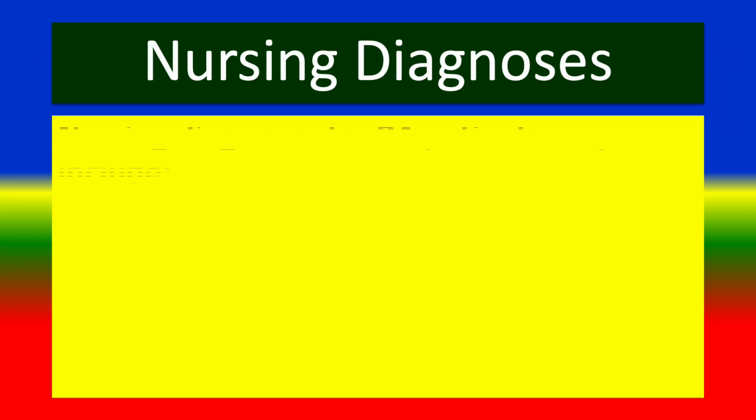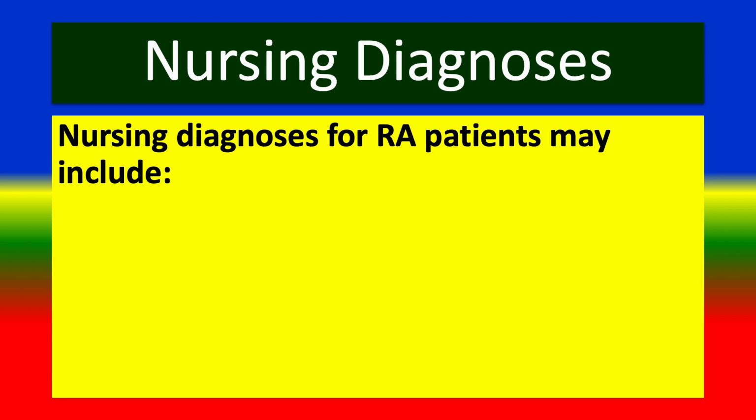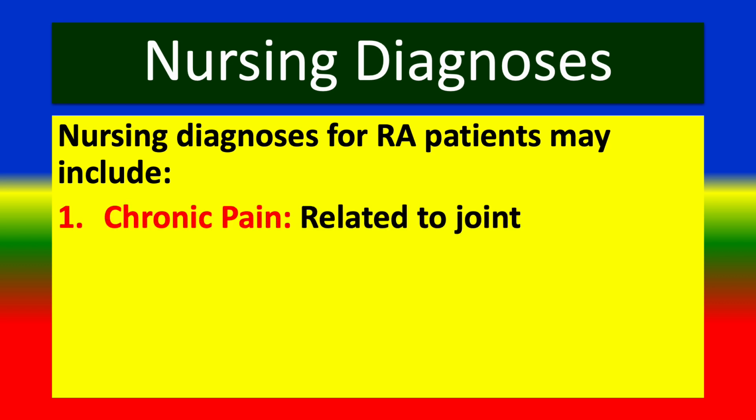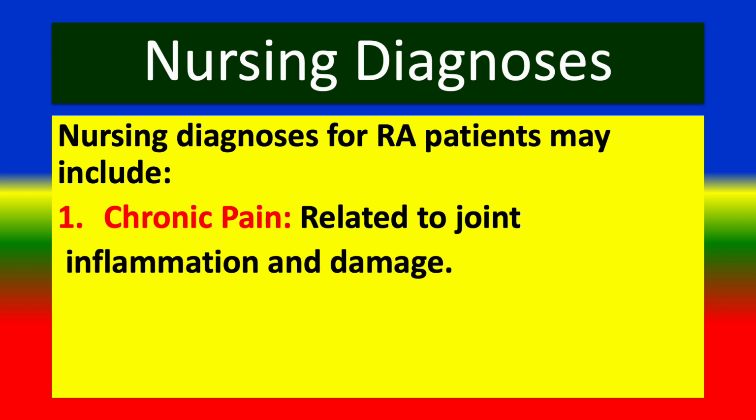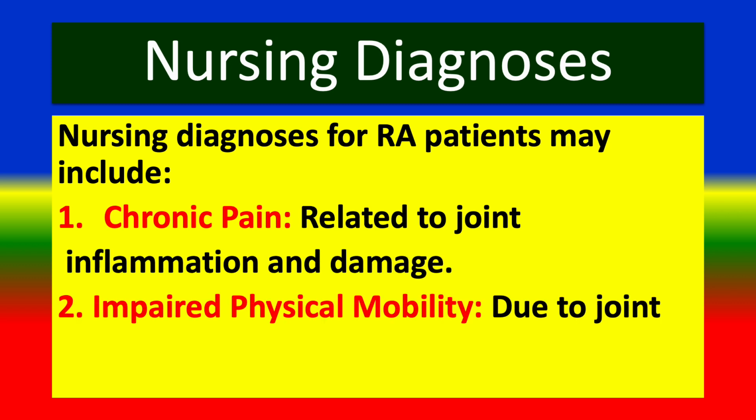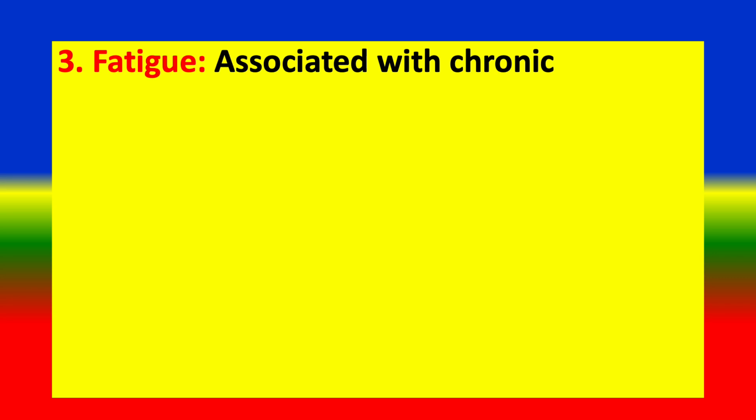Nursing diagnosis. The nursing diagnosis for rheumatoid arthritis patients may include 1. Chronic pain related to joint inflammation and damage. 2. Impaired physical mobility due to joint stiffness and pain. 3.